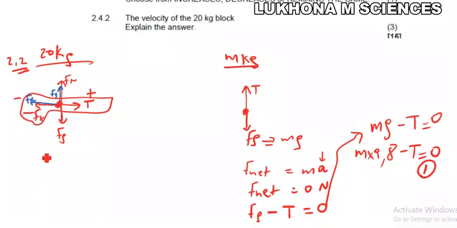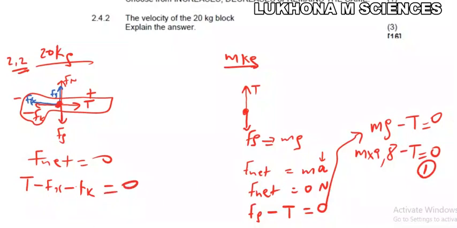Meaning that F net, which is equal to 0, will be made by tension minus Fx minus Fk, which is equal to 0.